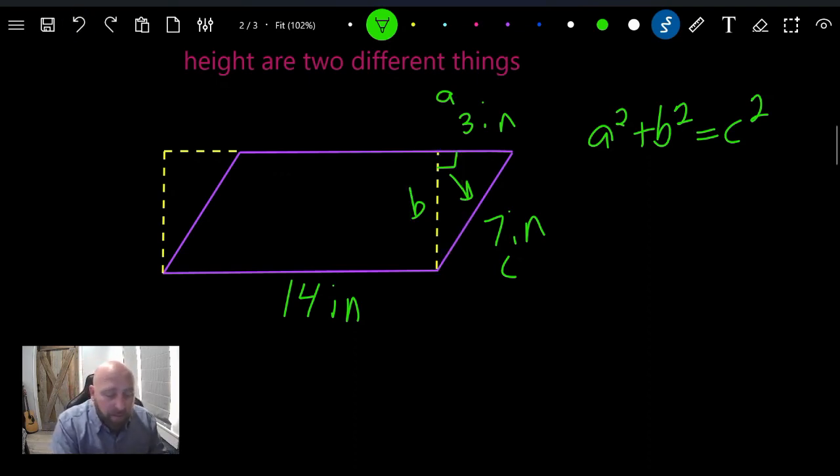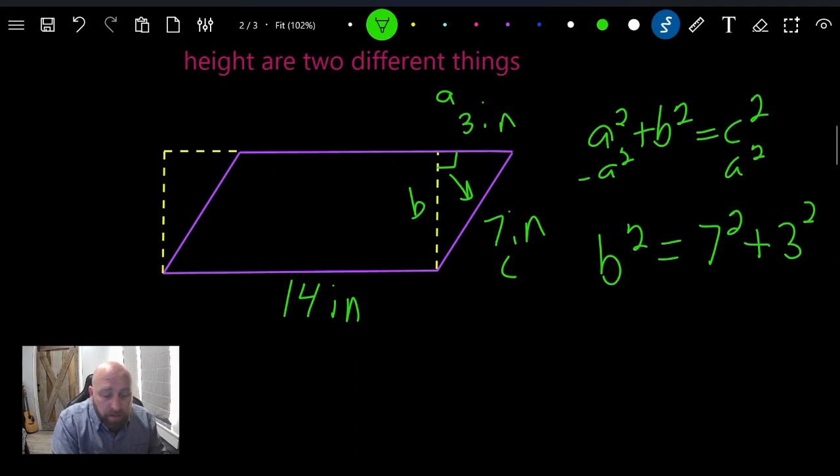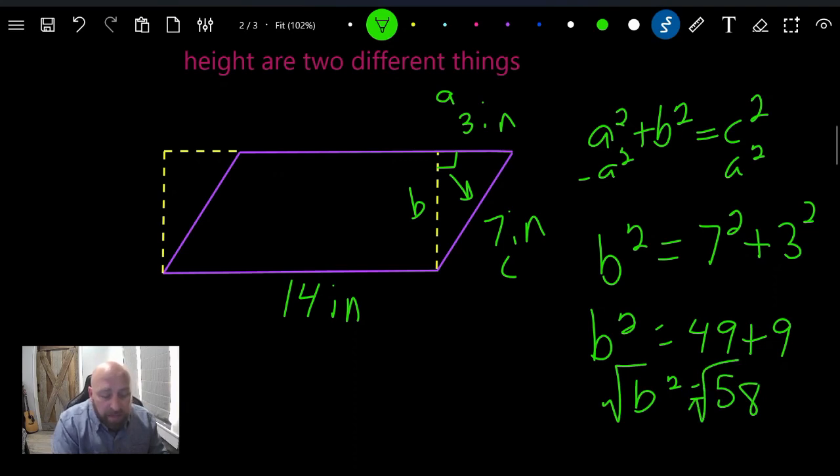I won't take the time to go through the whole thing, but basically it would look like this. You could get b by itself by subtracting a squared from both sides and end up with b squared equals 7 squared plus a squared, which is 3 squared. Then you're going to get b squared equals 49 plus 9, or b squared is going to equal 58. Then you would take the square root of both sides.